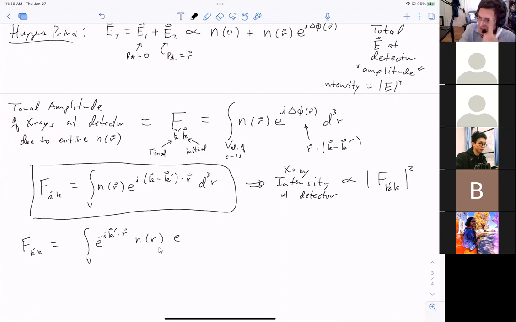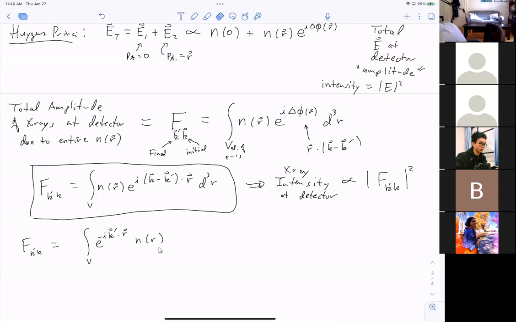But the scattering preserves the polarization. So all the scattered waves have the same polarization. So that's why I can just ignore the polarization. It's all the same vector. So I can write it like this, e to the i K dot R d cubed R.